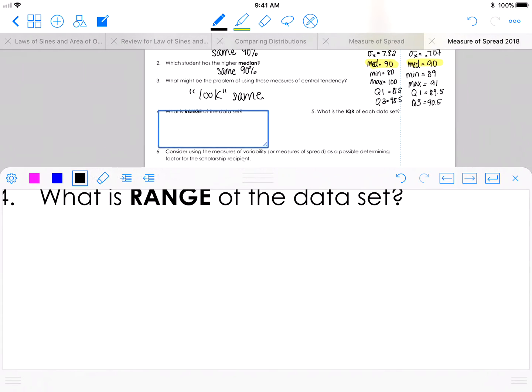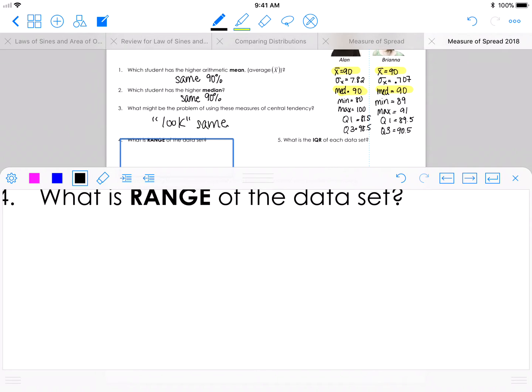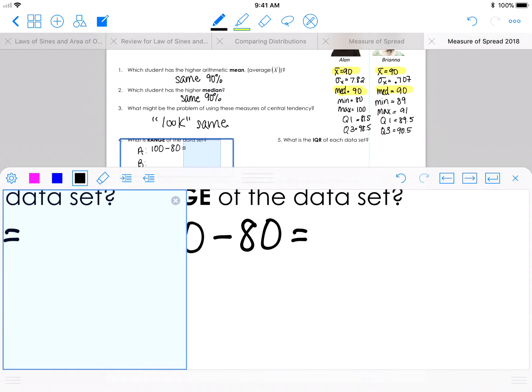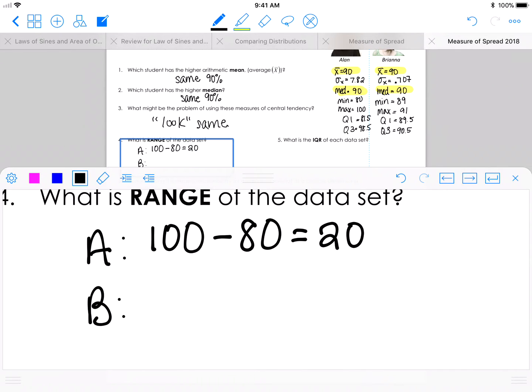I can see if I do that, I can see both of my screens at the same time. So I'm hoping that's okay with you guys. Let's look at Alan, and let's look at Brianna. Alan's max was 100 minus his min of 80, so that gives me a range of 20. Brianna's max is 91 and her minimum is 89, so that gives us a difference of 2.